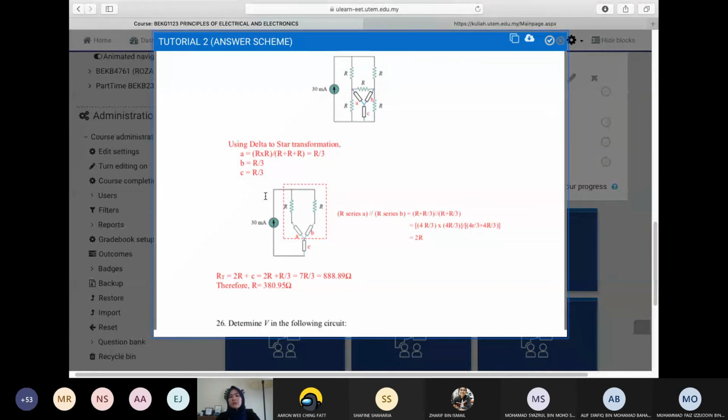Then only you can calculate this circuit. This part we already changed to star, so that's why we have this circuit instead, and you solve for this one.